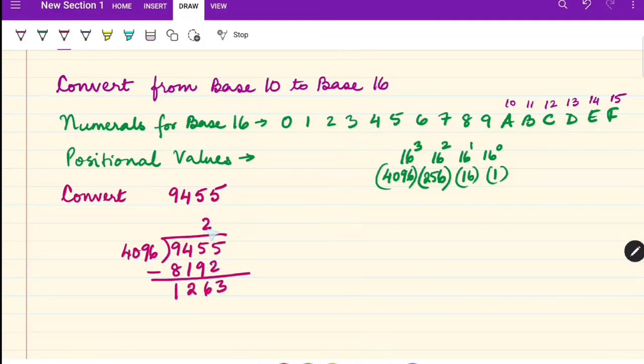So the quotient after this division is a 2, and I'm going to write that 2 below the positional value I divided by, 4096. And now we proceed to dividing 1263, which is the remainder, by the next lower positional value, which is 256, all right?